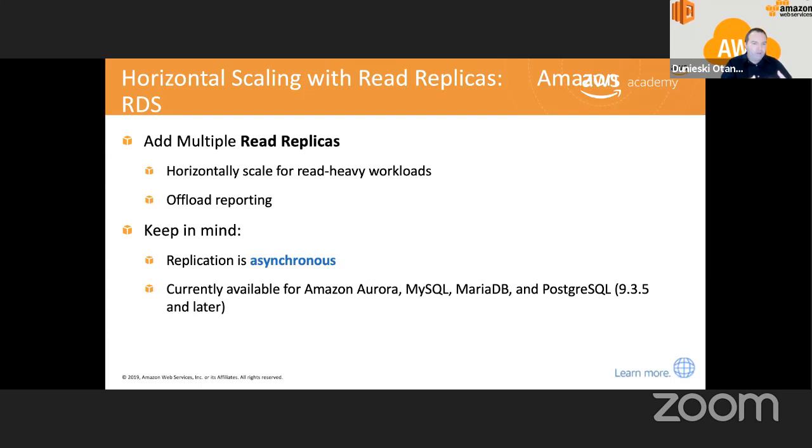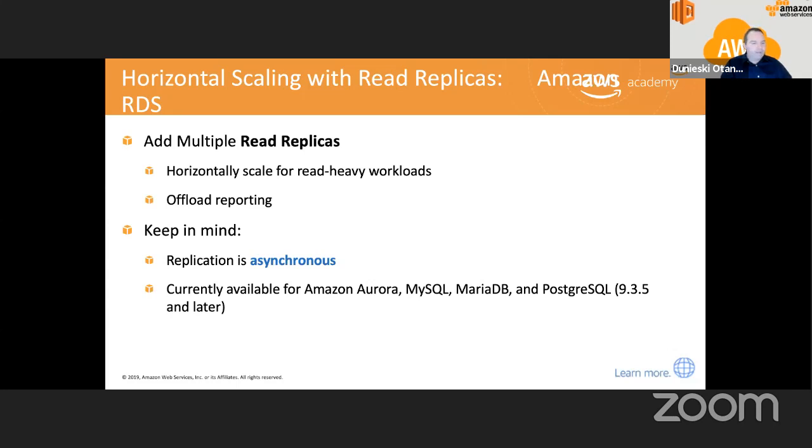So that's what some people call eventual consistency, that you don't see the data right away. It would take some time. So if we access the read replica right after the data is written in the master, we may not see that data in the read replica yet.